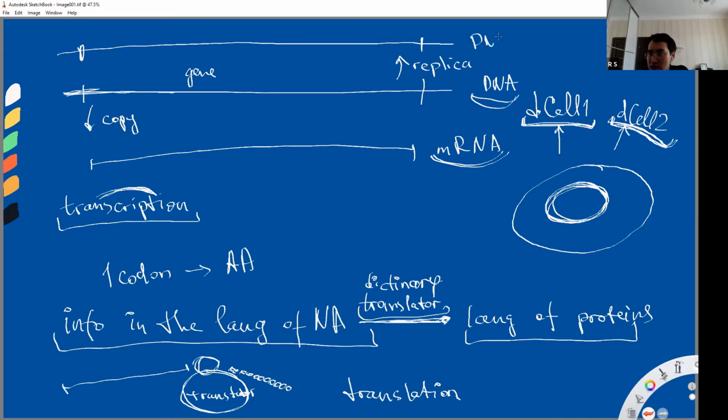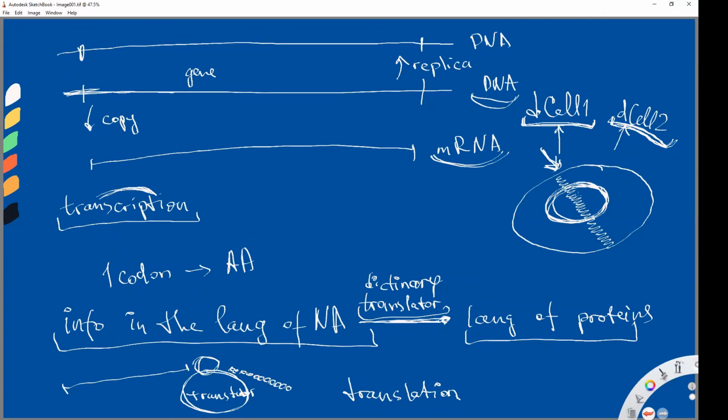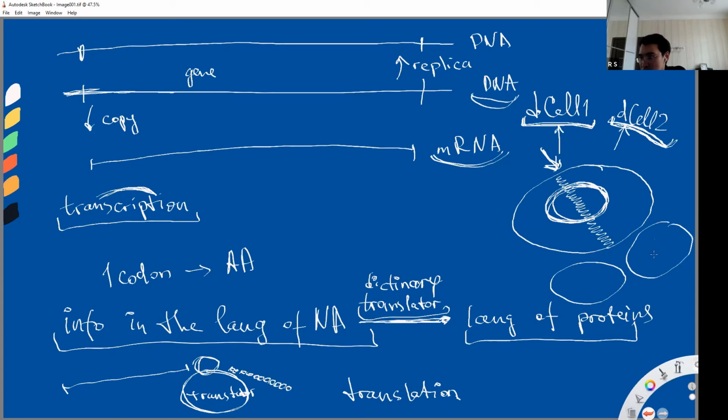It's also DNA, and when the time comes, a special process divides the genetic information and then divides the cell itself in the same region. So you will have two separate cells with the same amount of DNA, and this DNA is identical.